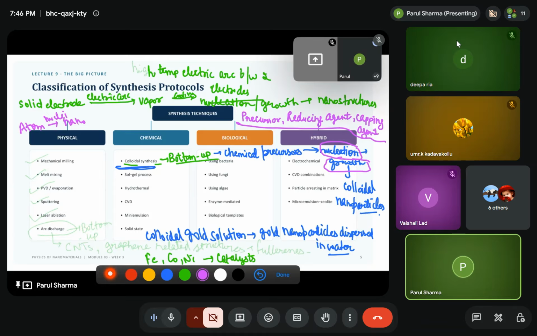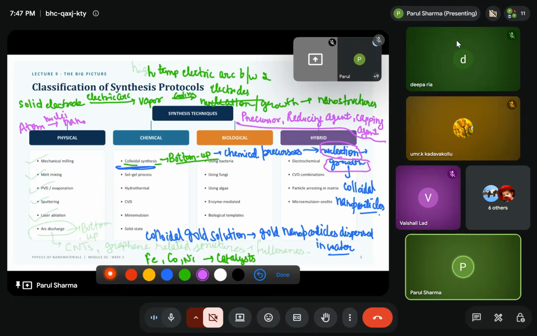Then comes how we can control the particle size. Since we know that a reaction produces many nuclei, the available material has to be distributed among many particles. So the outcome will depend upon the reaction kinetics and the growth mechanism.